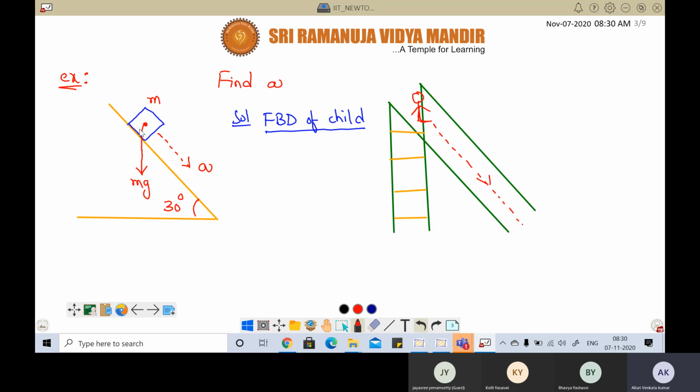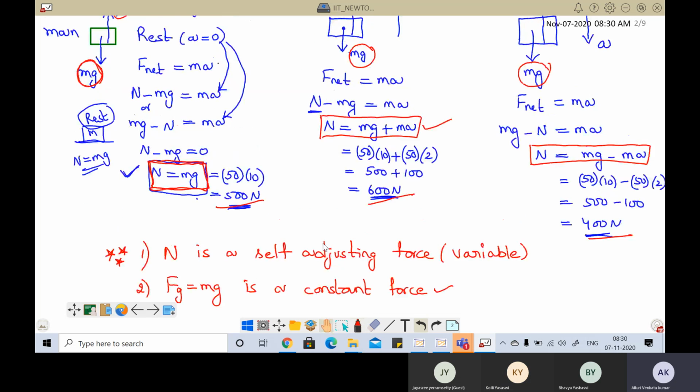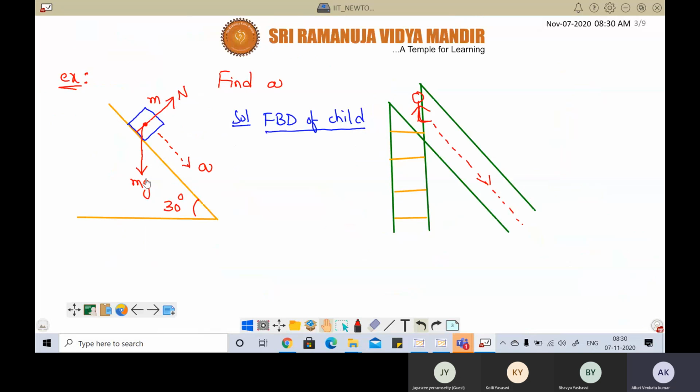Then normal reaction is perpendicularly upwards, because it is perpendicular to the contact surface. In the previous cases, all the forces were in the vertical or horizontal direction. But here, if you observe carefully, this normal reaction is like this, and mg is like this.